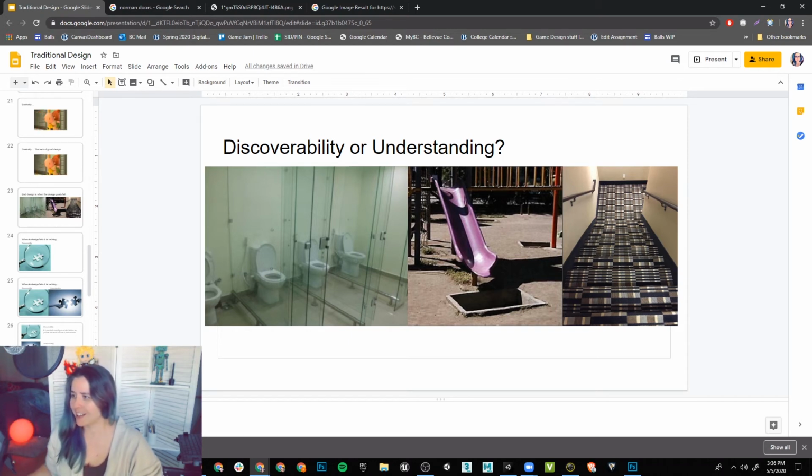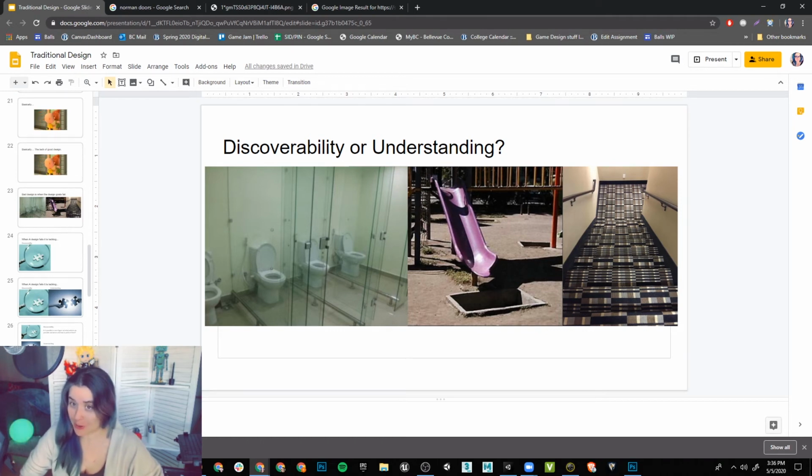Okay, let's go into the slide here. Is it missing discoverability or understanding? It does not have understanding. That's true.